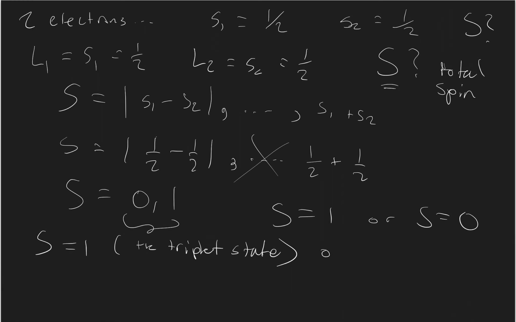The reason it's called a triplet state is because of the possible values of the z component, m sub s, which are 1, 0, and -1.